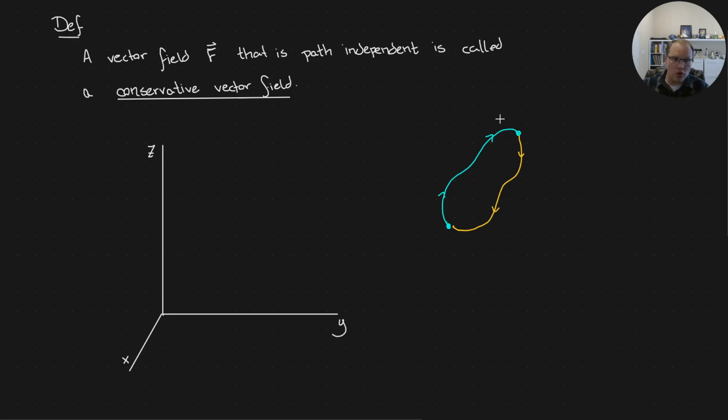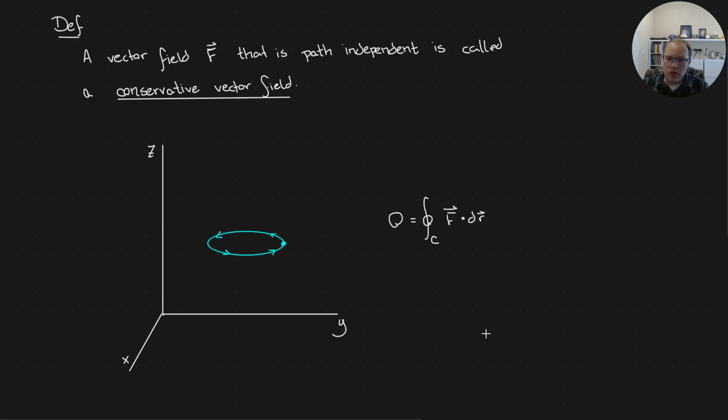And so if I have a closed path, I just get 0. Okay? So for any closed path, I know that the line integral of the vector field F over that closed path is going to be 0.